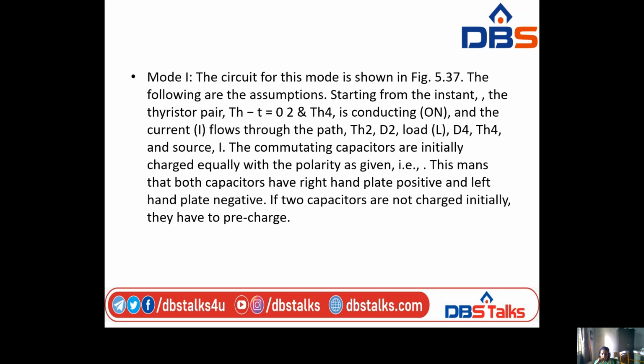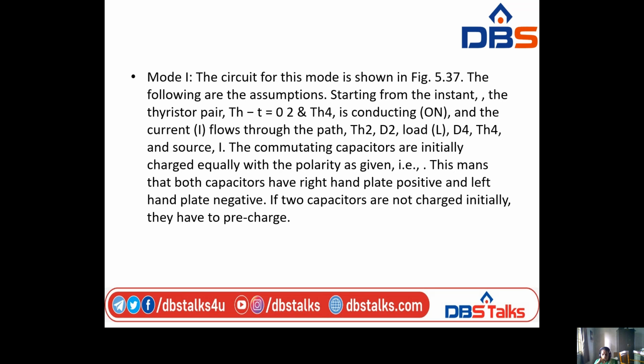The commutating capacitors are initially charged equally with the polarities as given, meaning both capacitors have right hand plates positive and left hand plates negative. If the two capacitors are not charged initially, they have to be pre-charged.